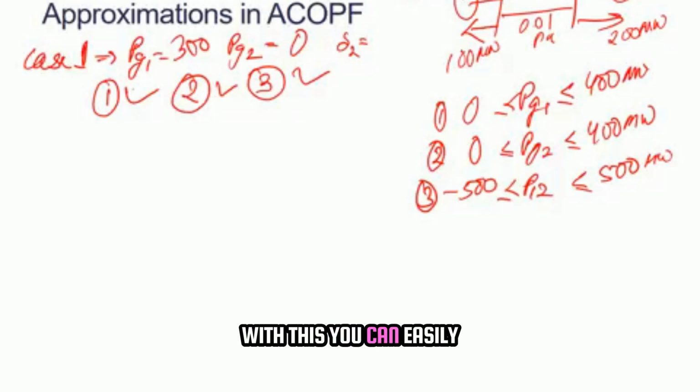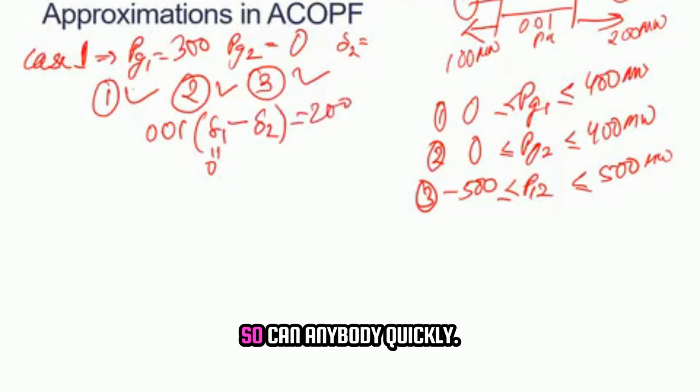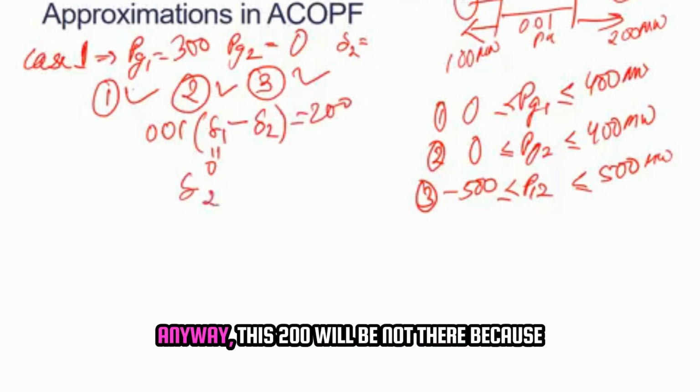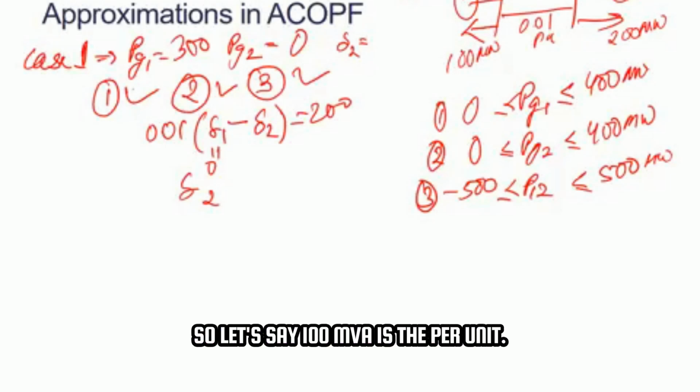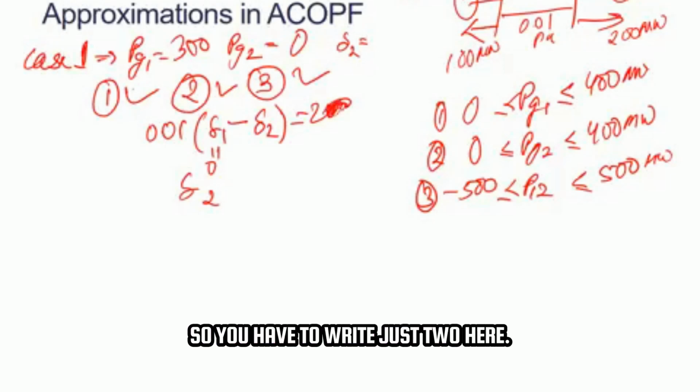With this you can easily calculate: B12 is 0.01, delta 1 is 0, so this is 0 minus delta 2 equal to 200. Anyway, this 200 will not be there because you have to write everything in per unit. So let's say 100 MVA is the per unit, so you have to write just 2 here.